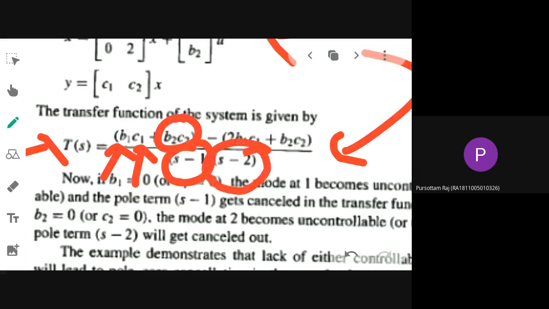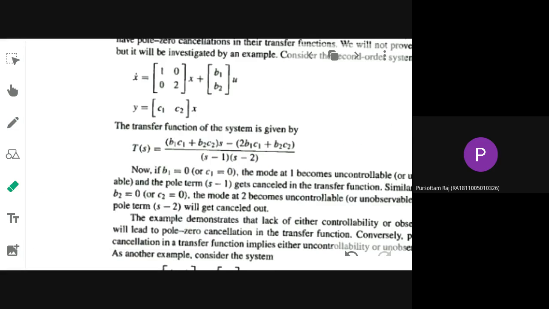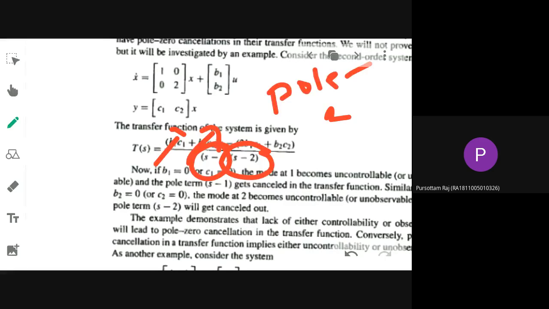It will not come in the final output when you are deriving the transfer function. Just by making one of the factors 0, you are cancelling out the pole. So that is what is called pole zero cancellation in the transfer function. And that also indicates whether the system is controllable or observable, or unobservable or uncontrollable.